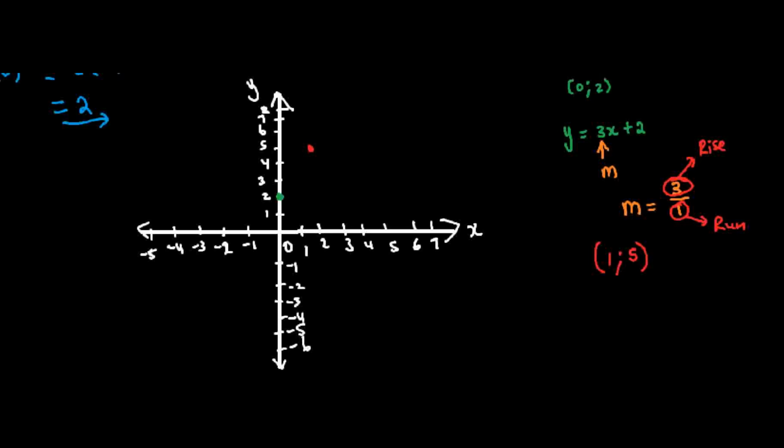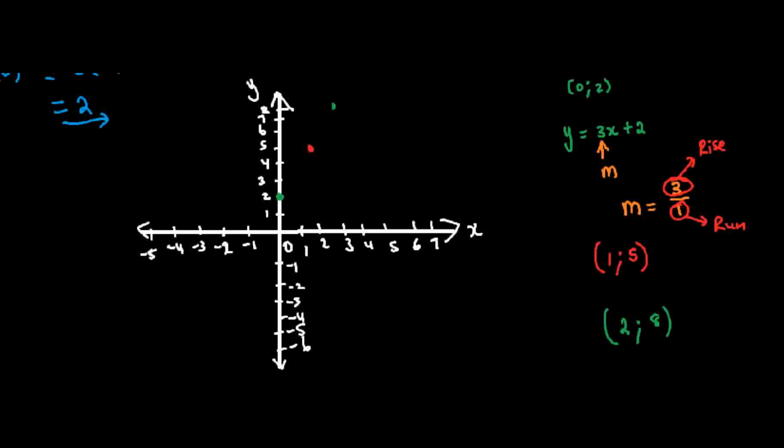Then the next coordinate, remember the run, let's start with the run, the x coordinate first. When it increases by 1, 1 plus 1 is 2, 5 plus 3 is 8. So it's going to be 2 and 8. And what you can see here is that basically I'm calculating the change in y over the run.